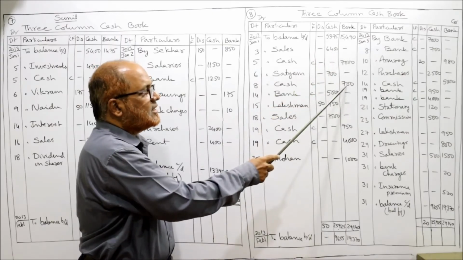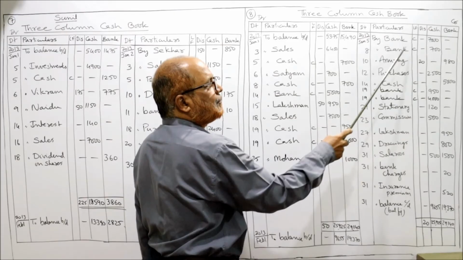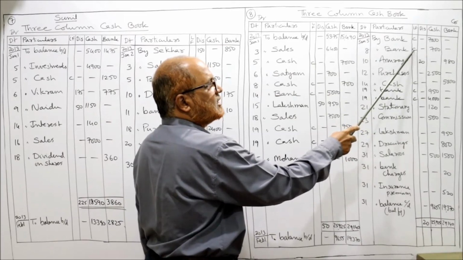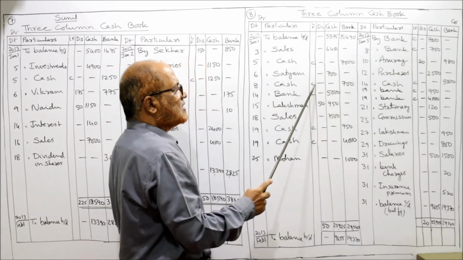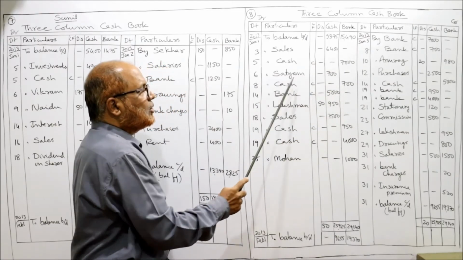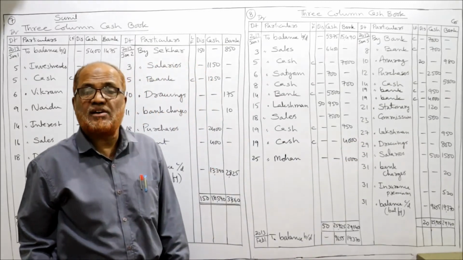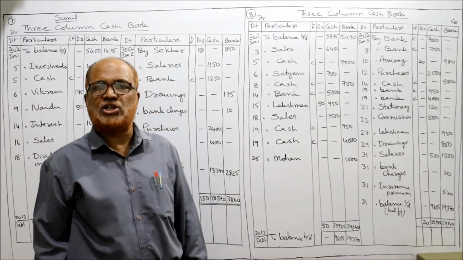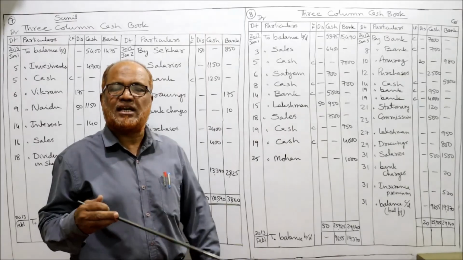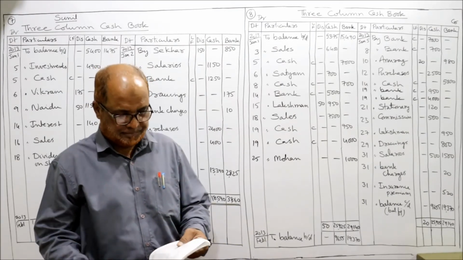Bank account debit side 700 and cash account credit side 700. Contra entry, 700 C. Here also 700 C. 8th date. So here bank is debited to cash. Cash is credited by bank. So this is the first time we are coming across a new point: the check is received on 6th, but deposited on 8th.